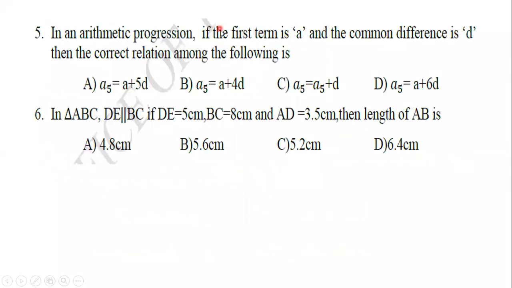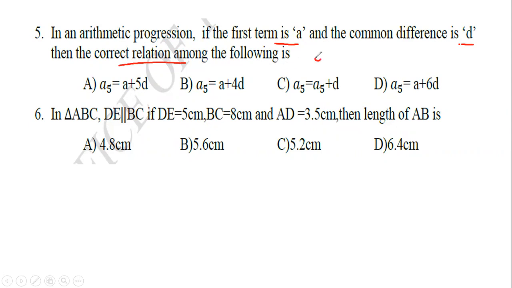Next, the fifth sum: in an arithmetic progression, if the first term is A and the common difference is D, then the correct relation among the following is dash.